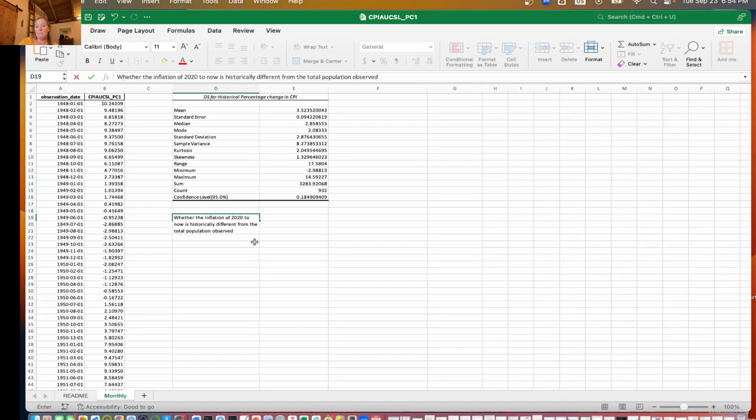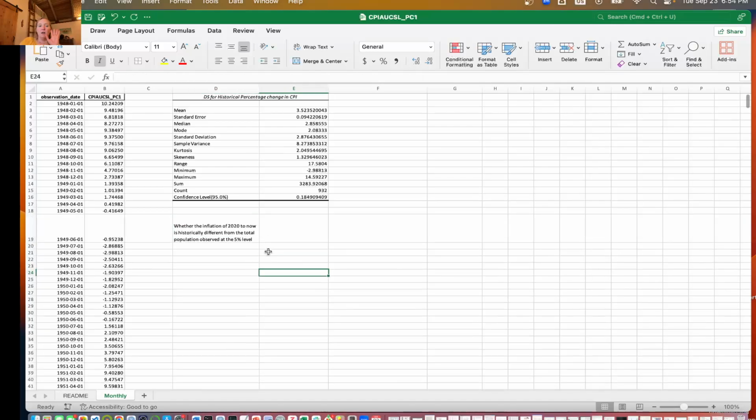I'm going to put in here the 5% level, and you'll see why at the 5% level in a second, once we get to the p-values, because I'm going to give you that information in the midterm. It's going to be like 5, 1, 10, whatever. That's going to give us what we're looking for. Now we're going to write out the actual test.